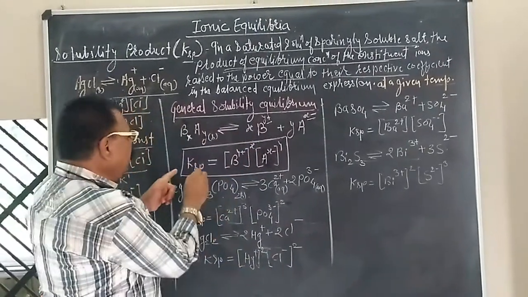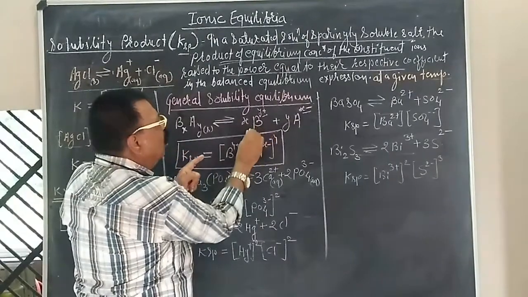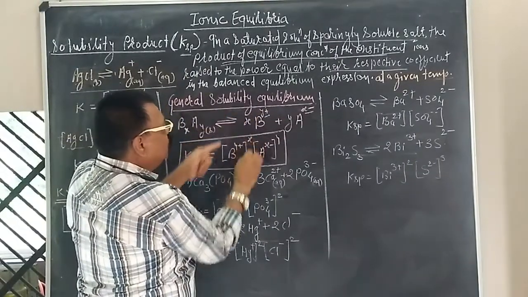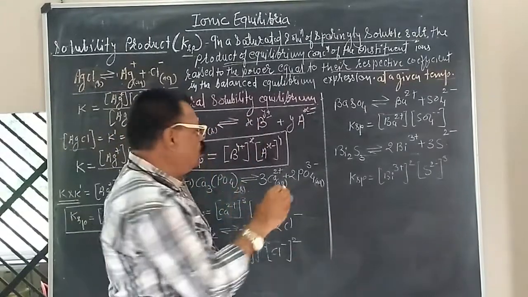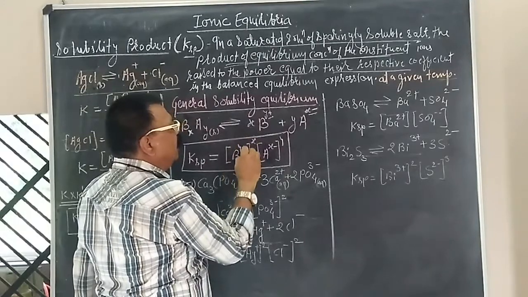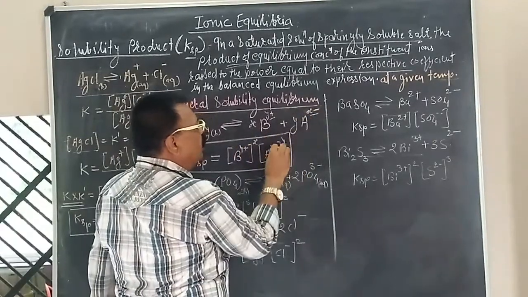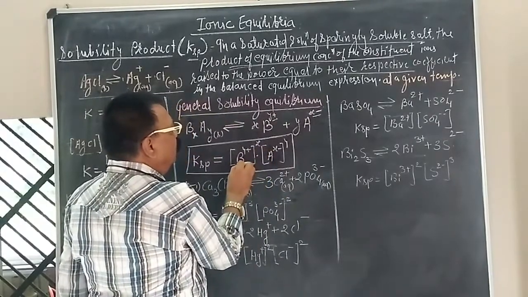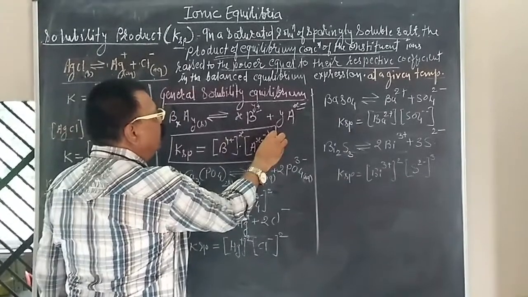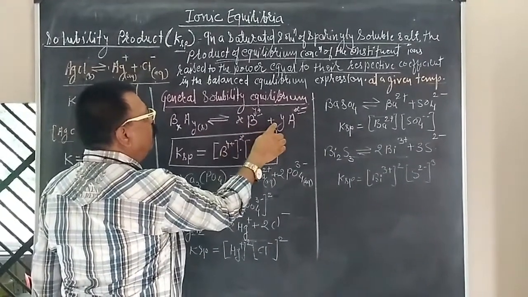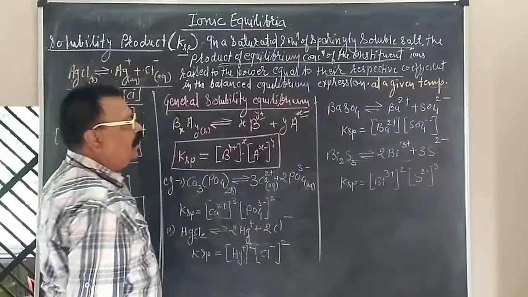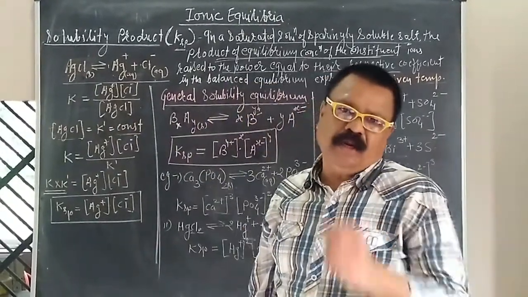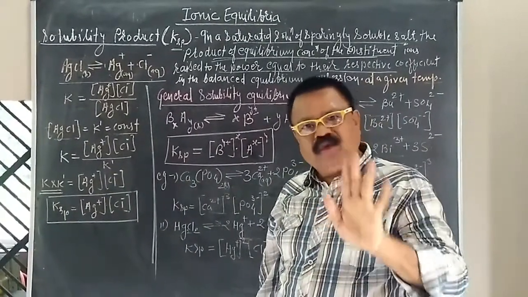Then the solubility product is equal to the concentration of these constituent ions, that is, the concentration of By positive raised to the power X, where X is the coefficient, into the concentration of AX minus raised to the power Y. So again, it is the product of the concentrations of the constituent ions raised to the power equal to their respective coefficients in the balanced equilibrium expression at a given temperature, that is known as the solubility product. समझ में आ रही है?